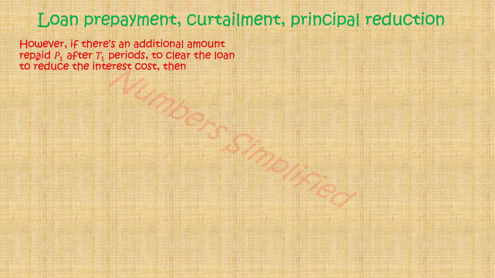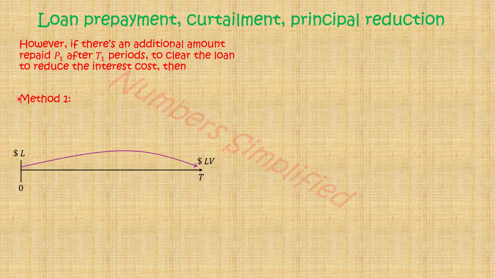However, if there is an additional amount repaid, say for instance P1, after T1 periods, in order for us to clear the loan and reduce the interest costs, then we may need to consider the timeline.